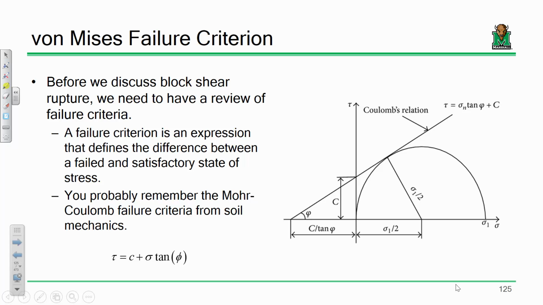Okay. Now, a failure criteria is either an equation or a model that we use to look at a given state of stress and ask ourselves, has this element failed or not? Now, if I have a piece of metal, a very simple failure criteria would be a yielding criteria.